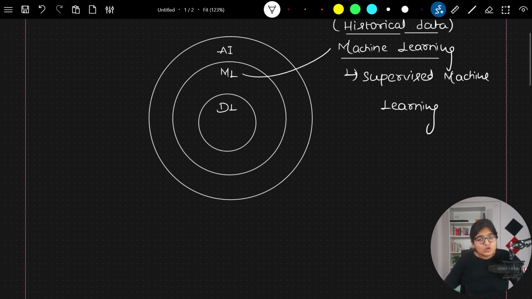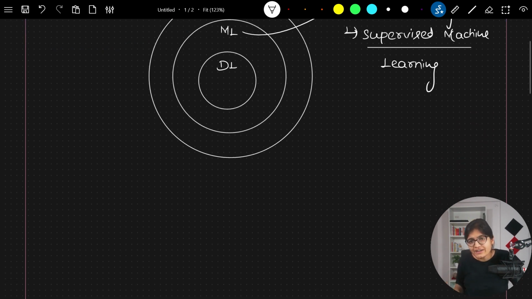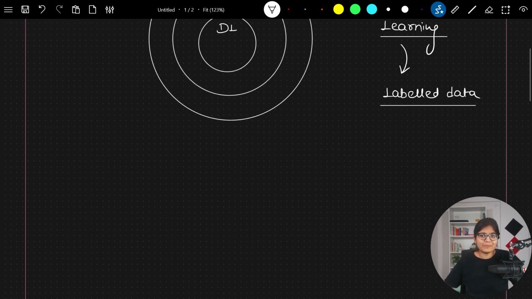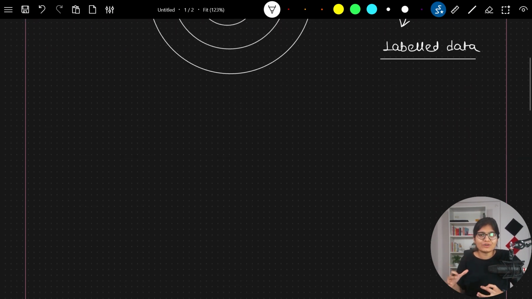So when I'm saying supervised machine learning, what I really want to say is that there is a supervision which is going to happen. How? Here you will be having something called labeled data. What does that mean? For example, suppose you are trying to do a classification task.